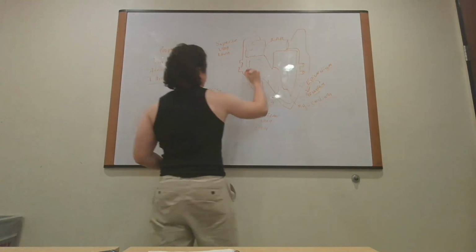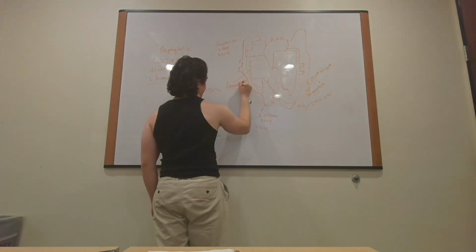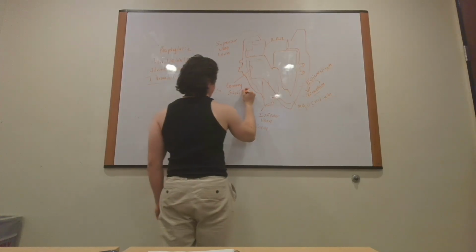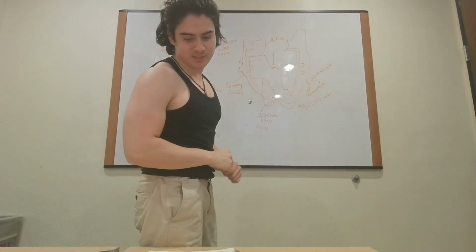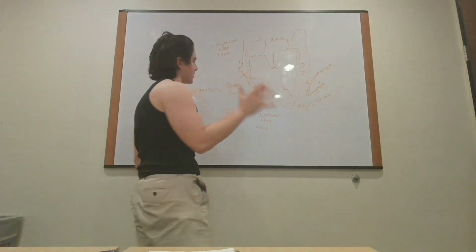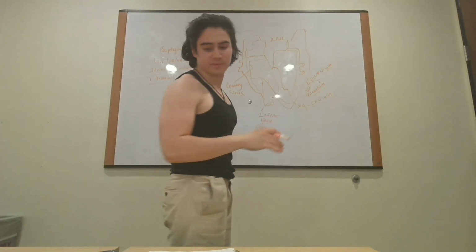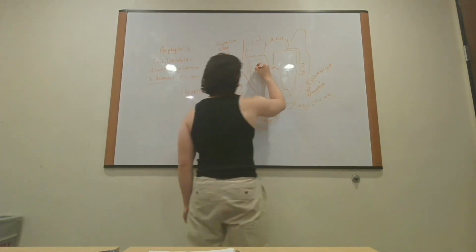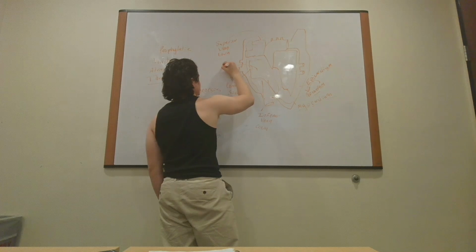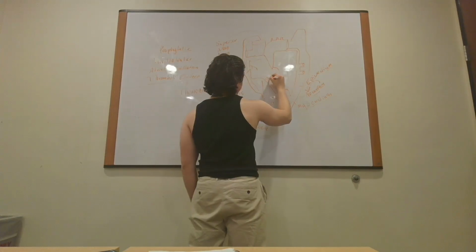Yeah, we have the coronary sinus. Let's break down, we have the tricuspid valve. We've got the pulmonary semilunar valve, and then the tricuspid valve. Let's just put it here. We've got the tricuspid valve, and I'm going to come back in a second to the pulmonary semilunar valve.